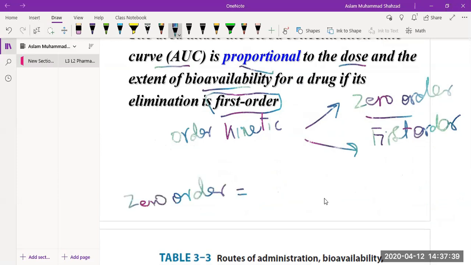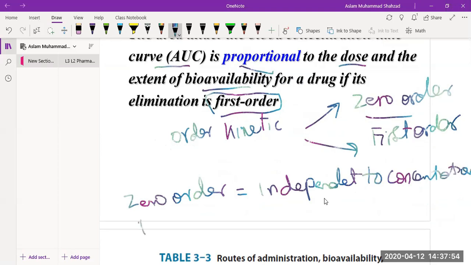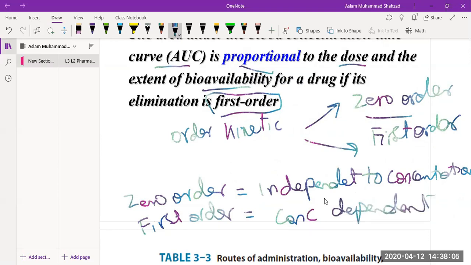So the zero order drugs are independent of concentration. Whereas the drugs that are first order are concentration dependent.